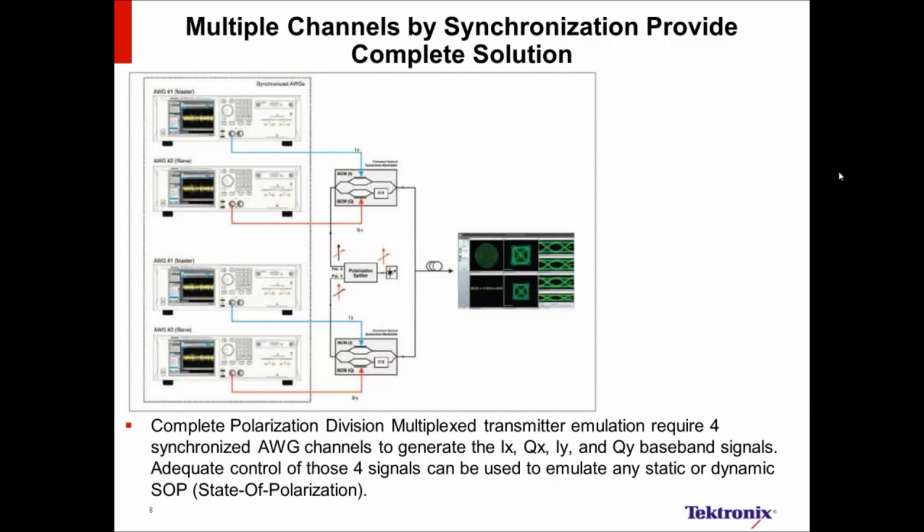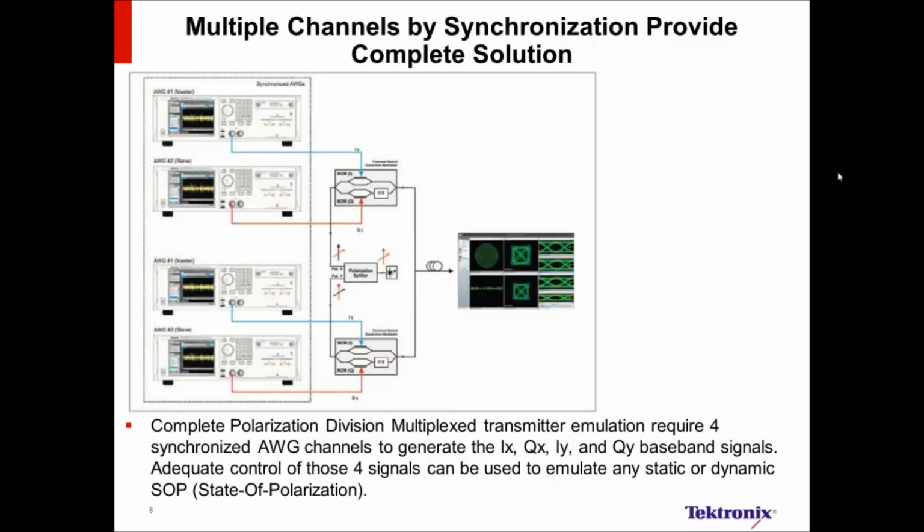So on a complete system where you want to do polarization division multiplex type signals, then a 4-channel system is required. In order to get the full sample rate, we have to synchronize 4 AWGs in order to get the polarizing capability.